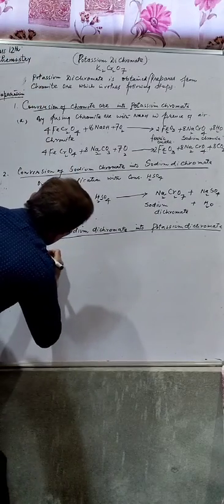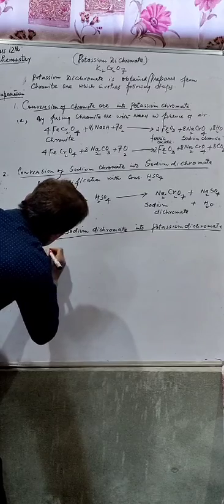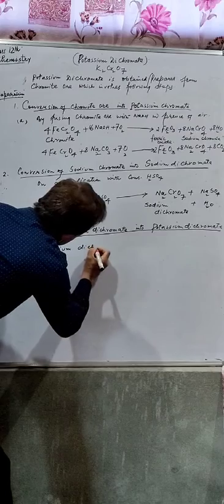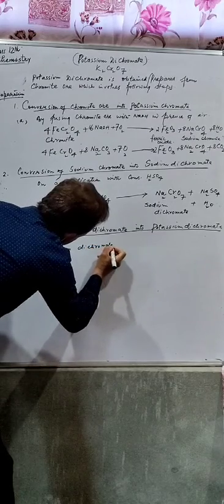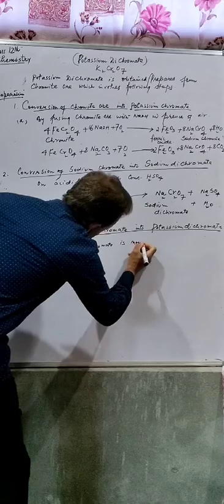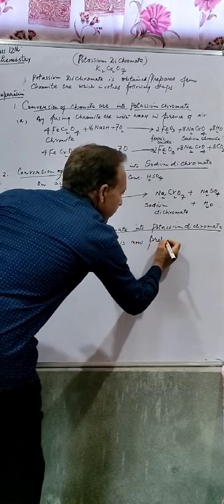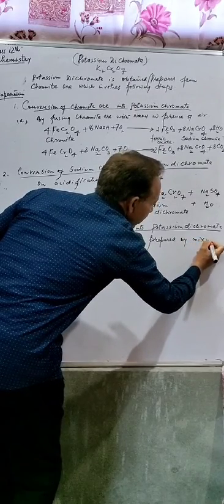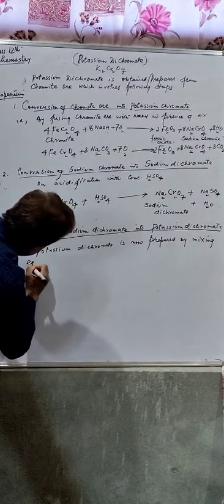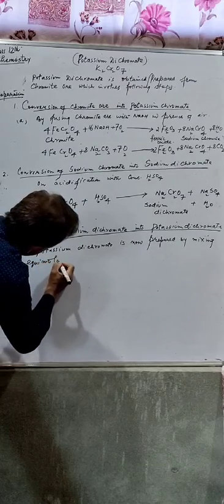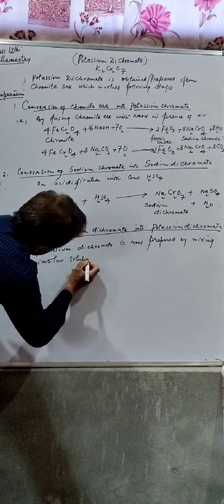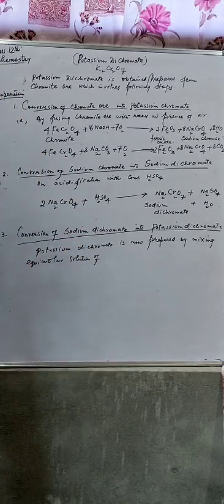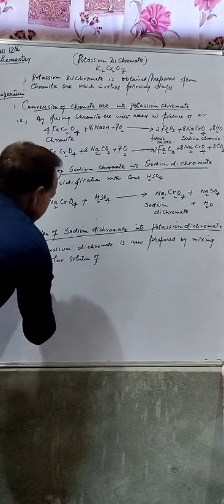So potassium dichromate is now prepared by mixing an equimolar solution of, it is hot concentrated.